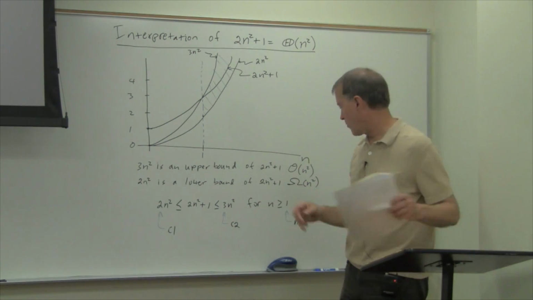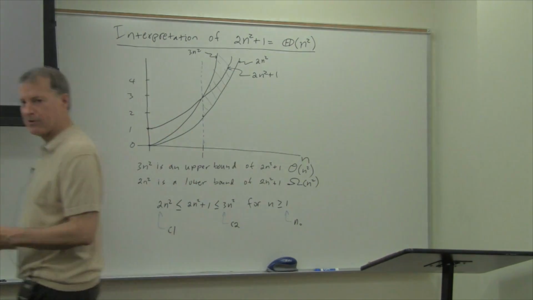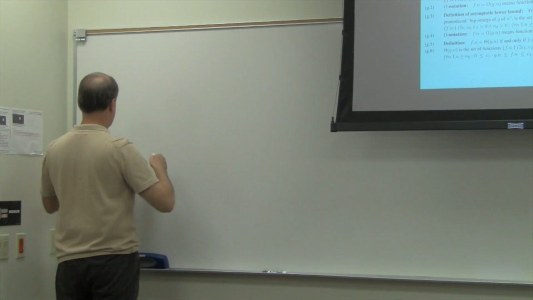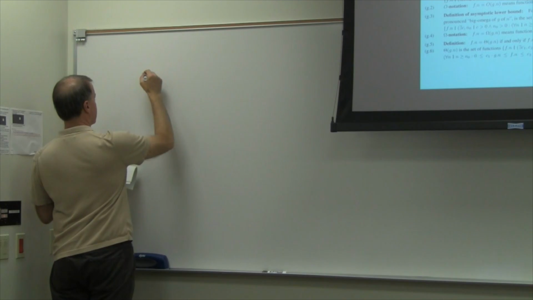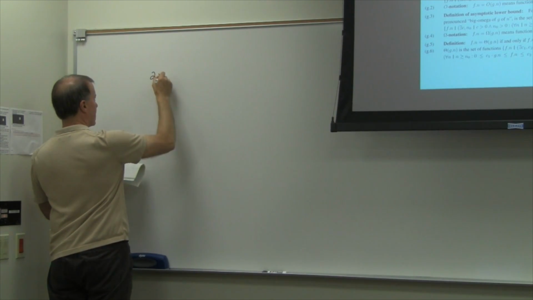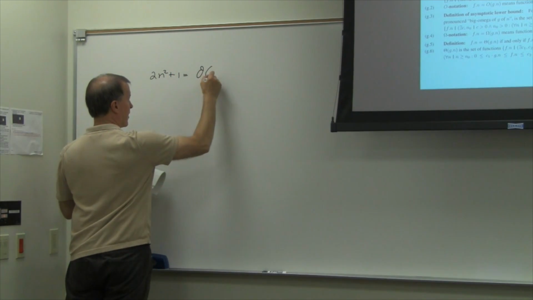Okay. Now there's one more concept that I want to point out in this particular example. Let me ask you this. What about 2n squared plus 1? Tell me yes or no: 2n squared plus 1 equals big O of n cubed.